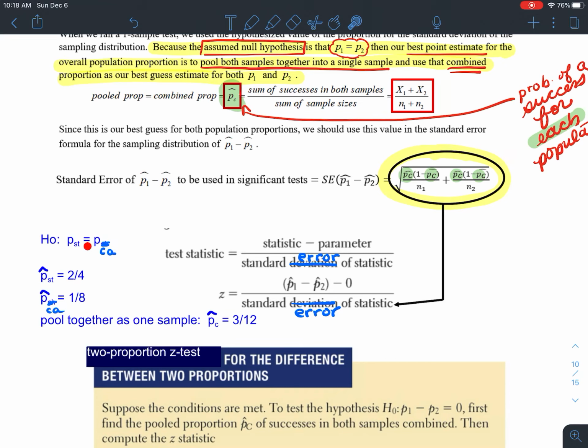Now remember, the null hypothesis says that those two proportions would be equal.